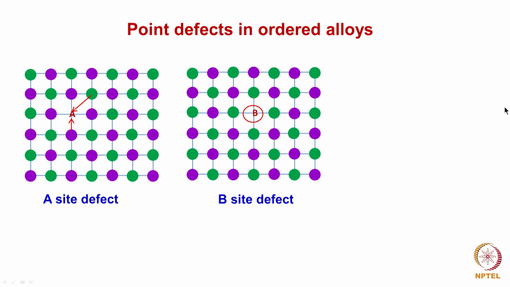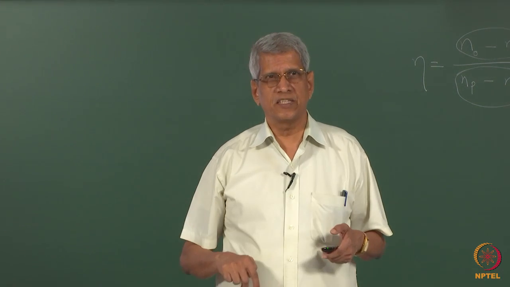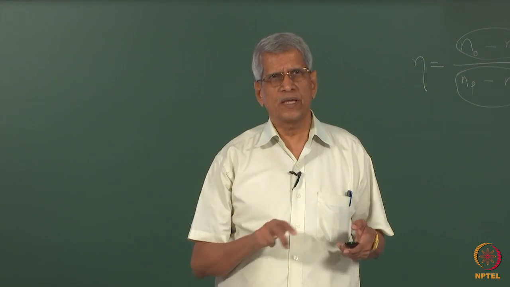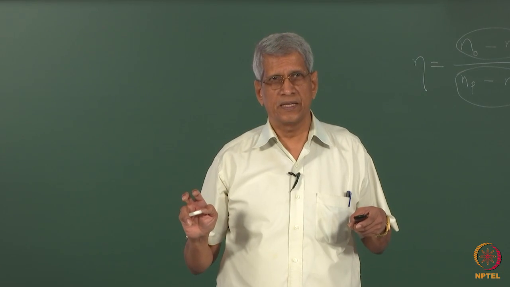So essentially, if an A atom jumps to an A site, alpha site, where a vacancy is created, then the order parameter does not change. It is only the vacancy moving around, so there is no change in energy.